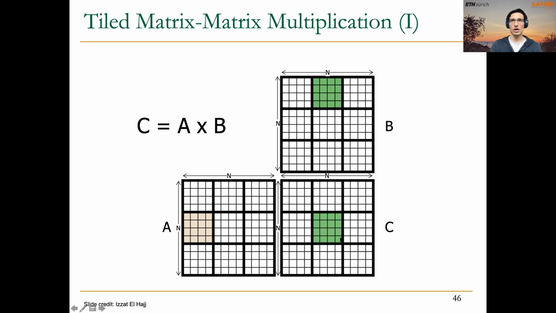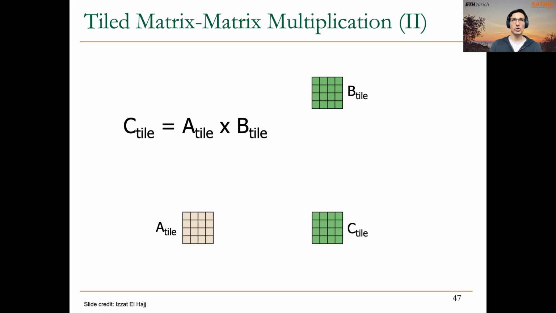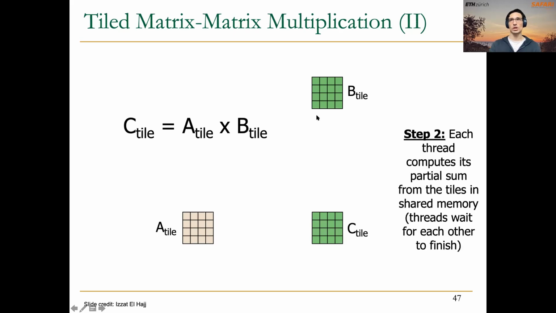We will have one thread block, and the threads of this thread block computing these elements of the output matrix C. The first thing to do in the first step is load the corresponding tiles of matrix A and of matrix B into the shared memory.